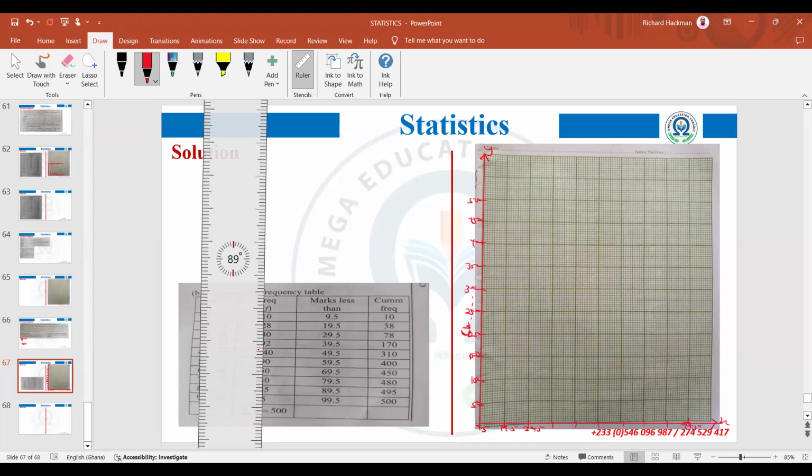You have 10 boxes here, and this is 50. So how do you get the size of each? 50 divided by 10, it will be 5. So each small box is 5. So you need 10, which means 2 small boxes.